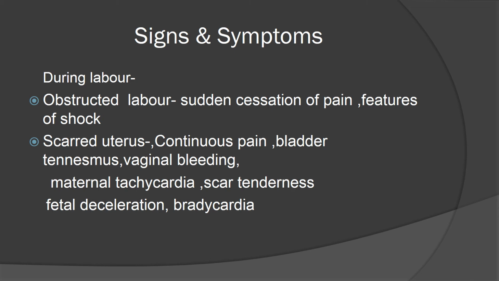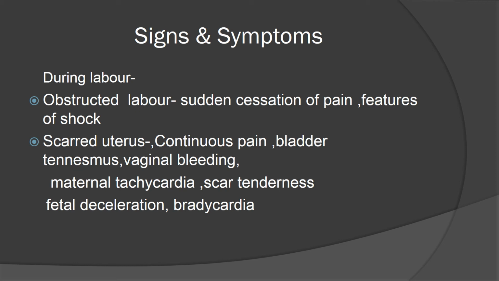In a scarred uterus, most often she may be kept for a vaginal delivery, a trial of labor after a previous cesarean. When this patient gets into labor, she may complain of continuous pain at the site of the scar. There can be frequency of micturition or bladder tenesmus.